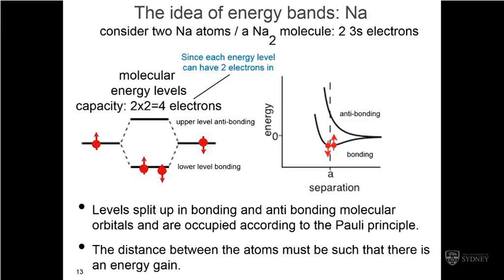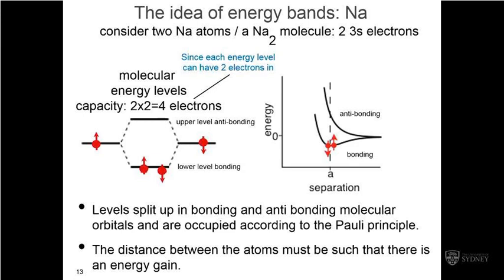Now as you bring them closer together, A gets smaller, going along here, and there will be some optimum value of A that corresponds to the lattice constant of bulk sodium. At the minimum energy here, this is where the crystal will form.